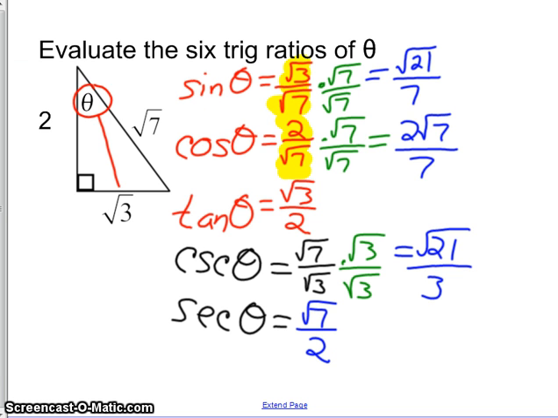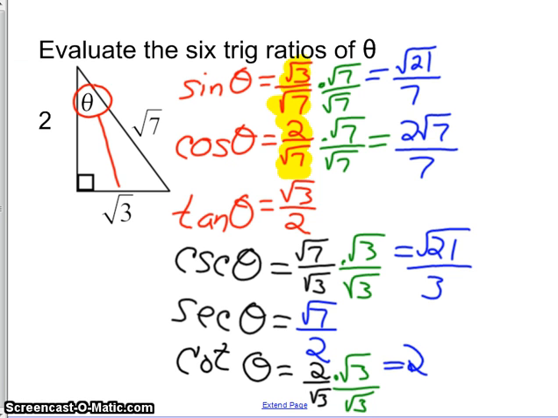And then cotangent is the reciprocal of tangent, so I've got 2 over square root of 3, which I'm going to rationalize. So that gives me 2 radical 3 over 3.